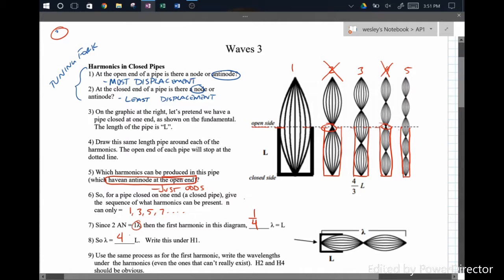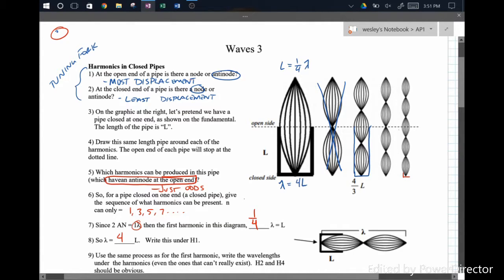So L is equal to 1/4 of a wavelength. So the wavelength here is equal to 4L.